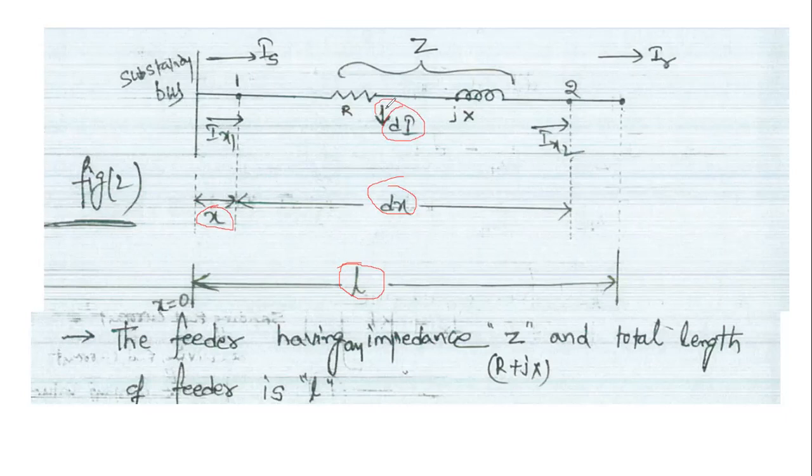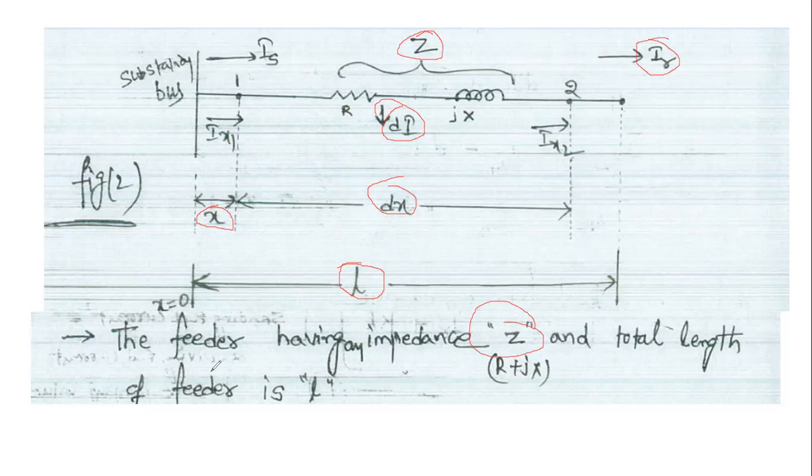Therefore, R plus jX is equal to Z. This is the receiving end current IR. The feeder has the impedance Z, that is R plus jX.